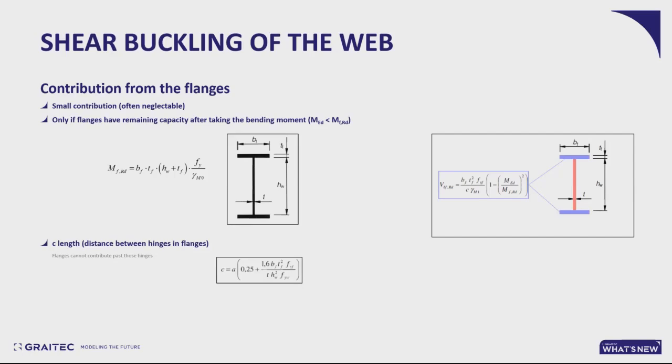And if the flanges can actually contribute, then you need to find out a c length, which is the distance between the hinges that will form along the flanges, because there can be no contribution past those hinges. But when you have the capacity left of the flanges and the c length, you can estimate the contribution from the flanges. You will add that to the contribution from the web to get the entire shear buckling resistance of the web plate.